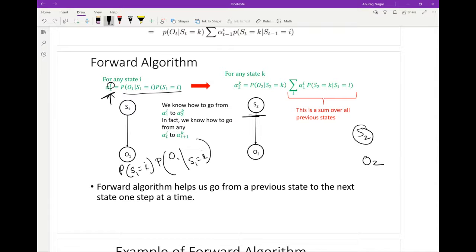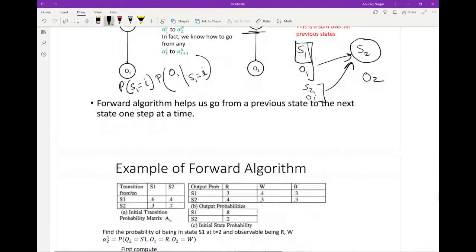Well, you can say state 1 at time 1, this is one scenario, or state 2 at time 1. And then you could go from here to here, or here to here. So you can say go from state 1 to 1, state 2 to 1, S2, time 2 and so on.